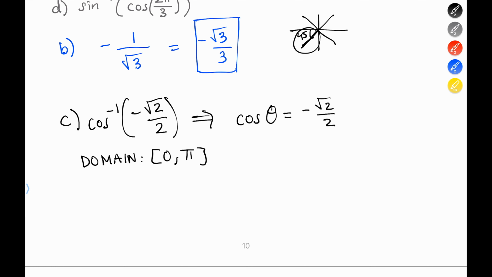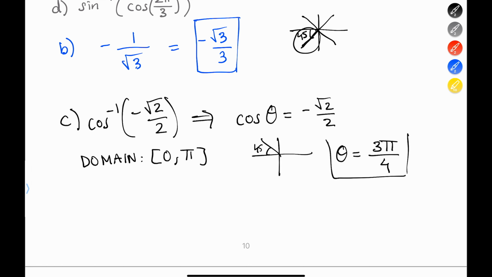Cosine is negative in the second quadrant, so it would be greater than pi over 2, and it would be right over here. It would be this reference angle of 45, and so theta would be 3 pi over 4. So this is our answer for part C.